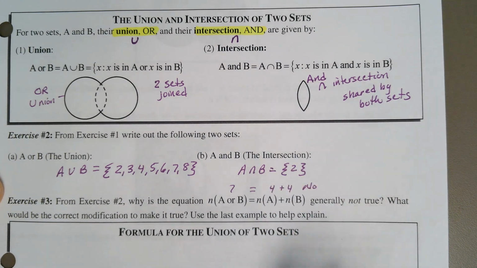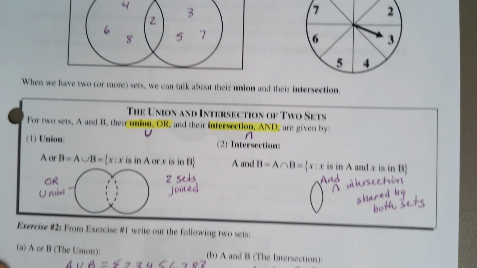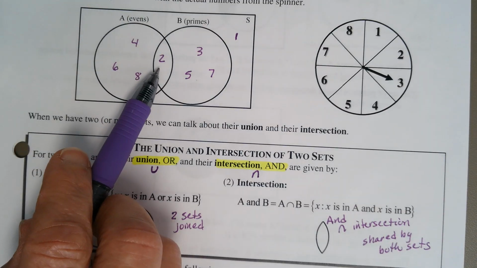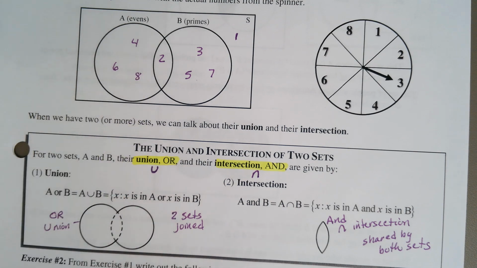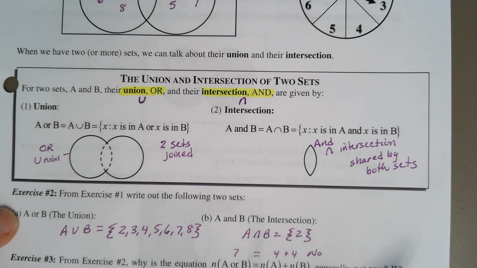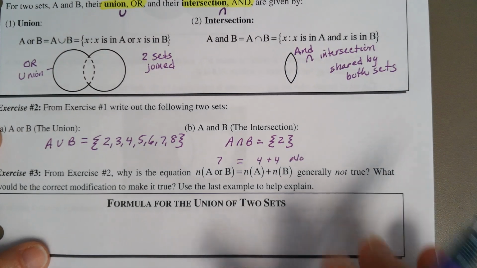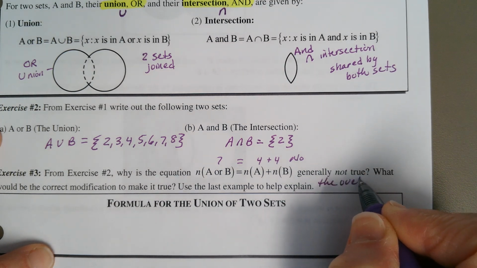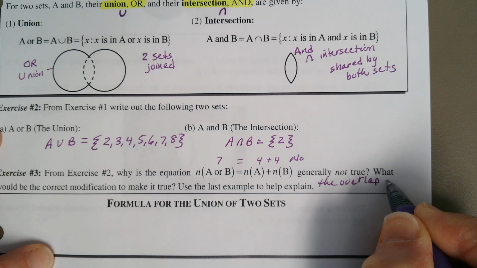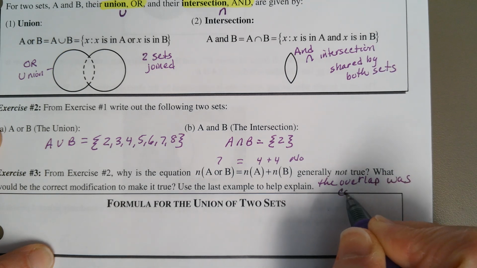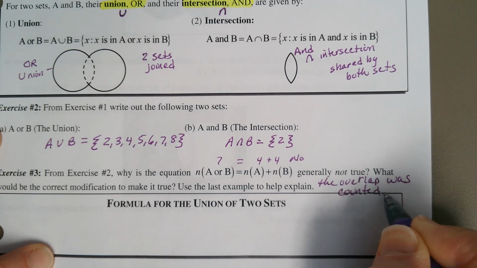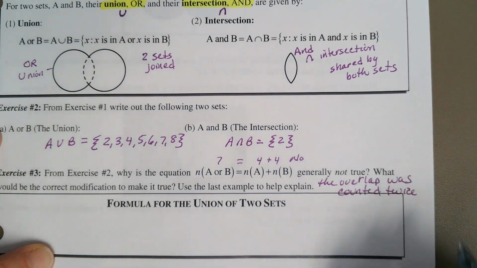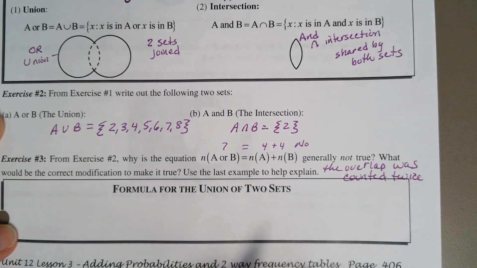No, that's not correct. Why? Because this 2 was counted twice. Right? The overlap was counted twice.